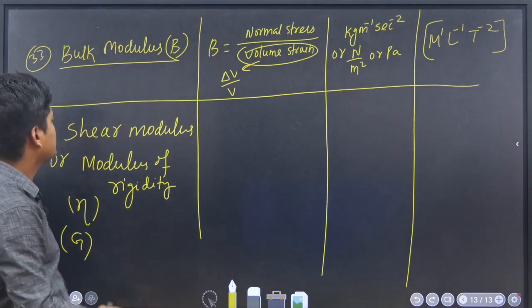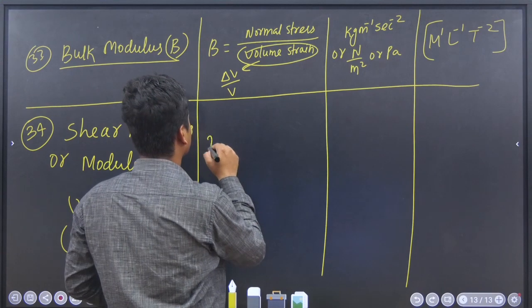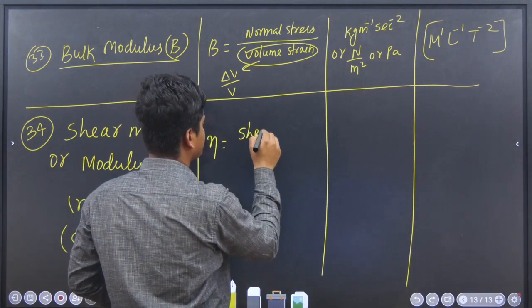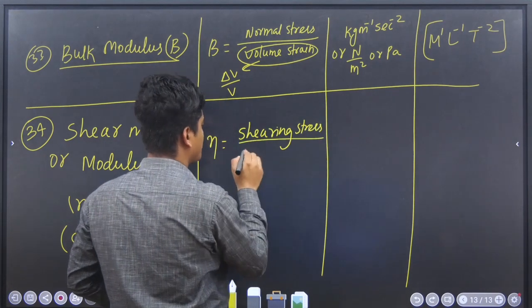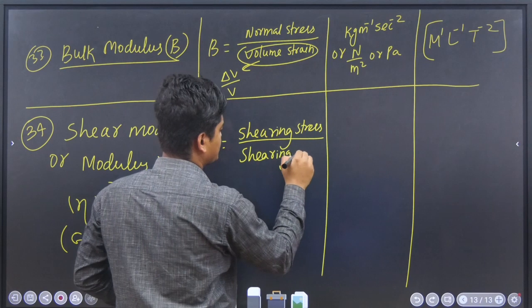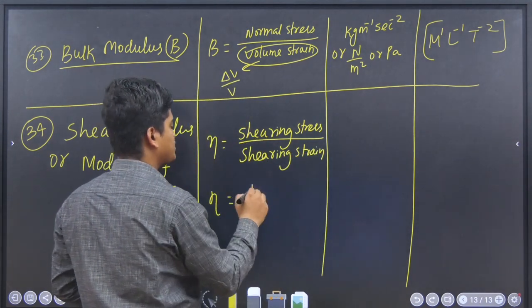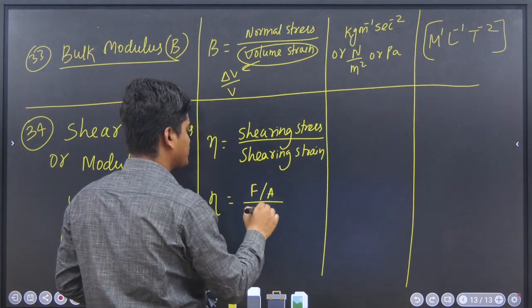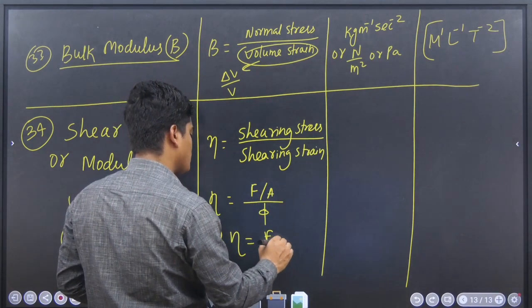This shear modulus is nothing but shearing stress by shearing strain. You can write eta equal to, the stress is force by area, and the shearing strain is phi, so eta equal to F by phi.